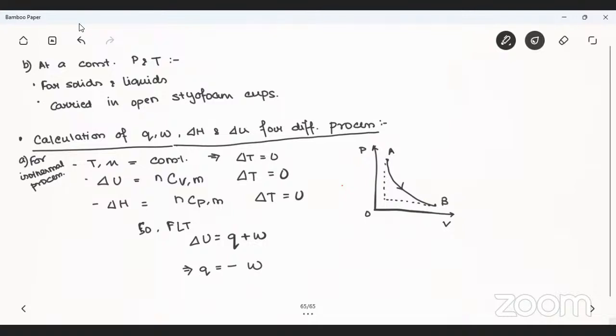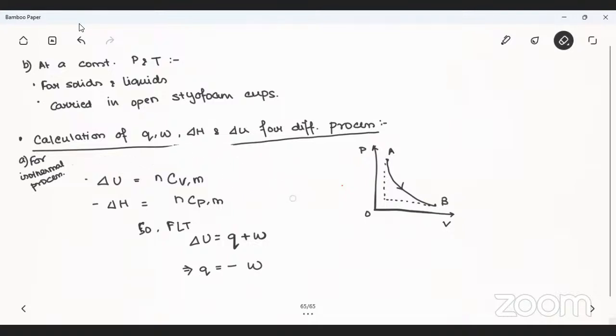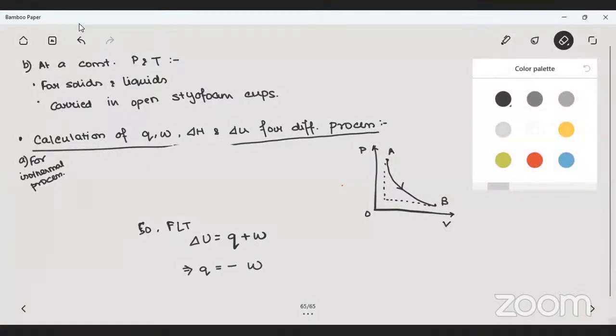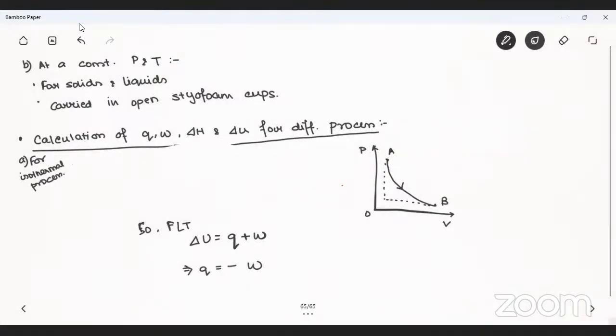If you get confused, just imagine like this. For an isothermal process, first, temperature is kept constant.